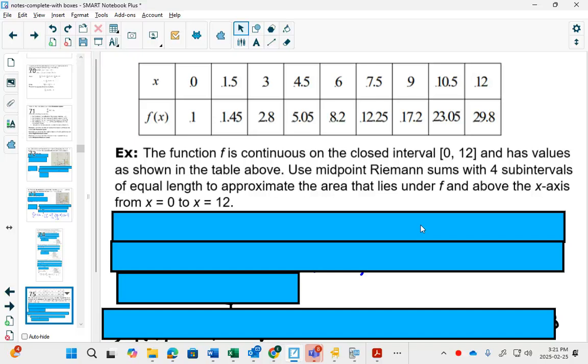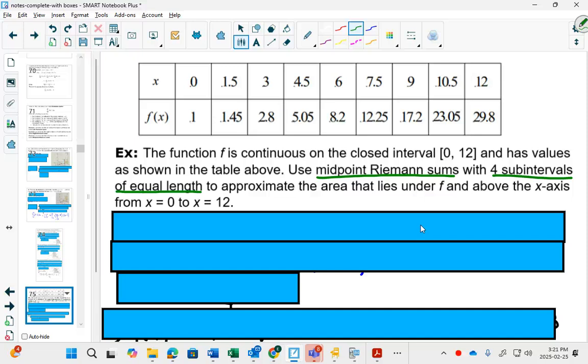They want you to use the midpoint Riemann sums with 4 subintervals of equal length and figure out, given this data, what's the area under the curve if these were the only points you knew.